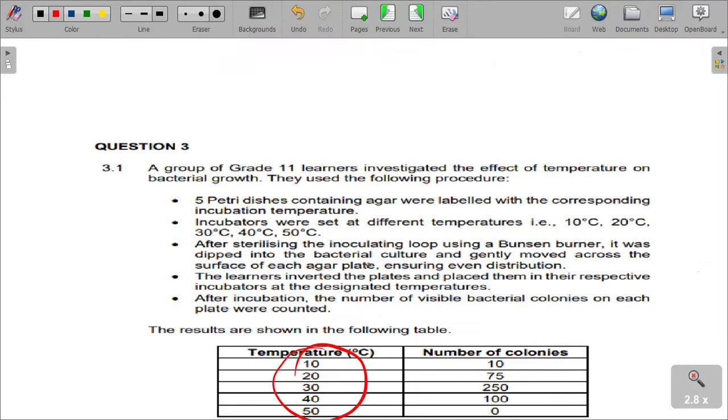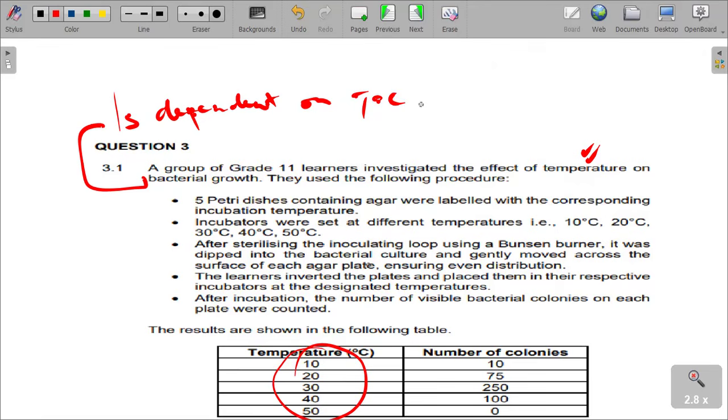So now we are saying the effects of temperature on bacterial growth. The growth of bacteria is affected by temperature. Growth of bacteria is dependent on temperature variation. It is based on the temperature differences.